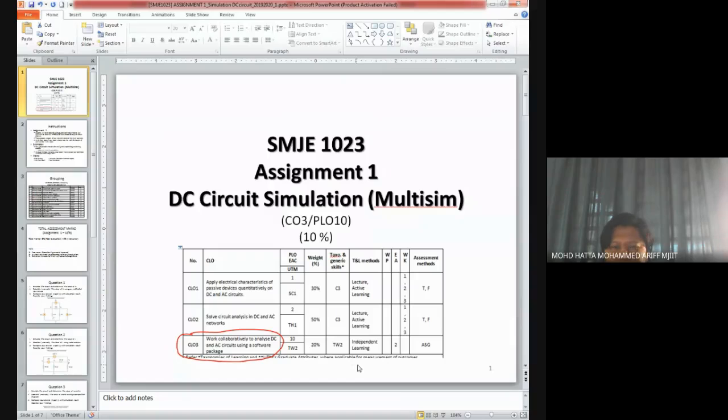I've already posted some examples. I think Multisim is quite easy to use, and the thing that you need to learn about is how to connect your meters. For example, how to connect a voltmeter, how to connect an ammeter in your circuit in order for you guys to analyze what is the current or the voltage across that element.